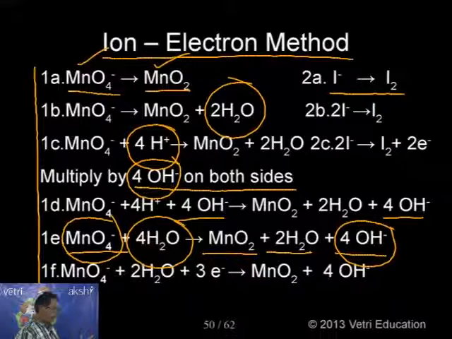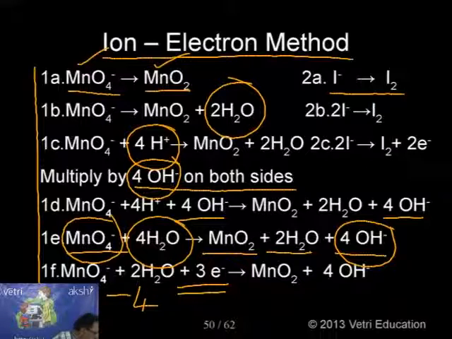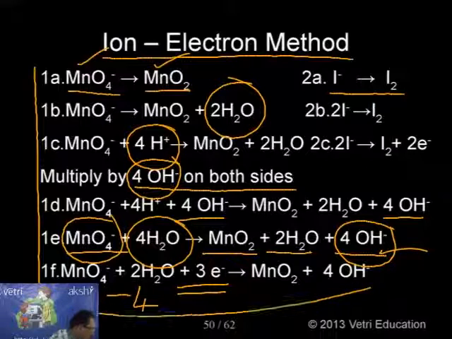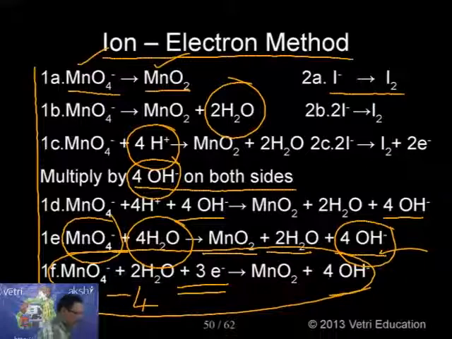In order to balance the charges, I add 3 electrons on the left side: 3 minus plus 1 minus is totally 4 minus, identical to the 4 minus on the right hand side. So this is the balanced form of the left side: MnO4 minus plus 2H2O plus 3 electrons gives MnO2 plus 4OH minus.